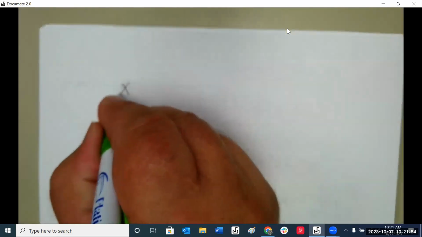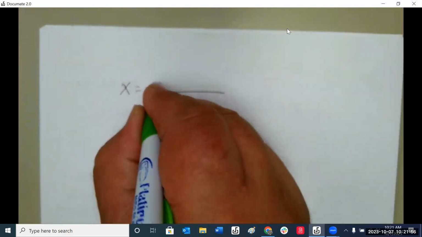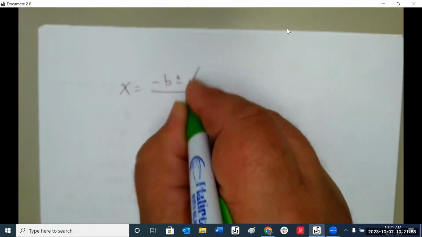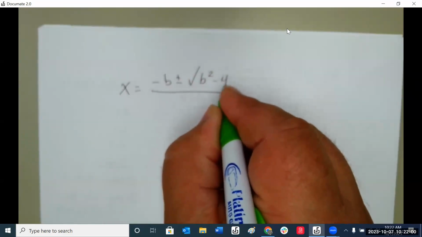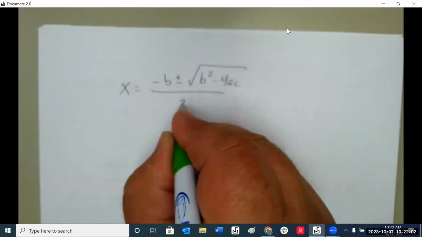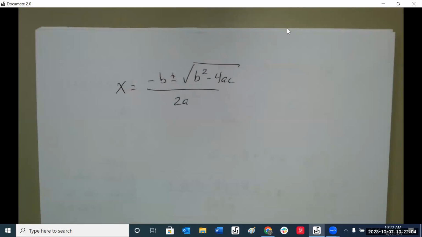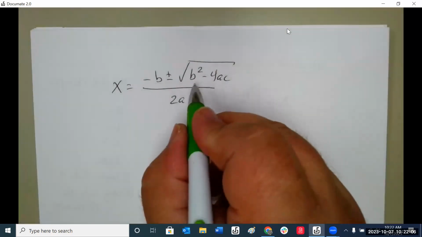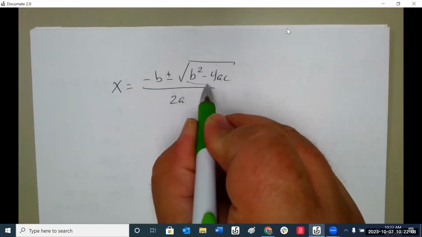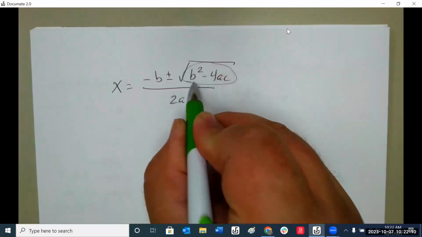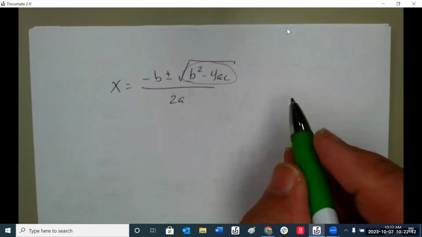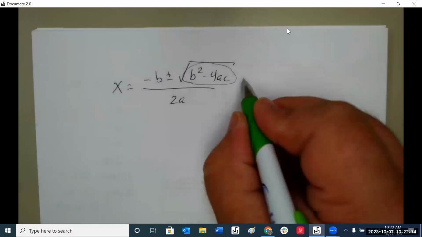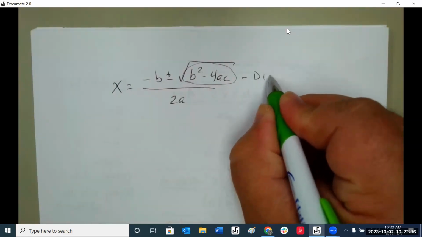In the quadratic formula, the number here is called the discriminant.